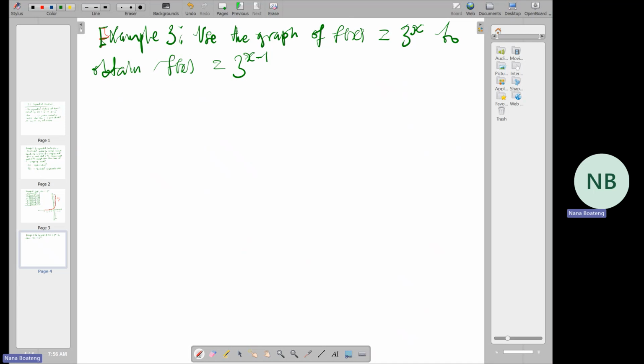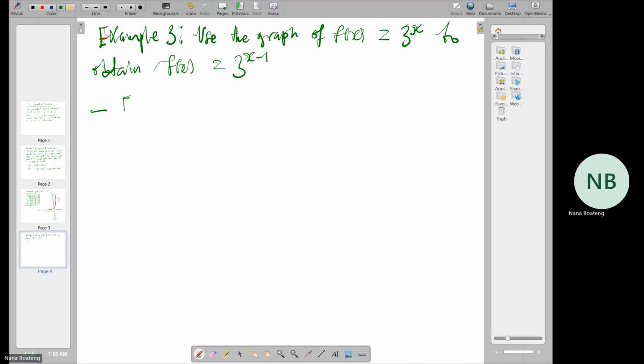All right. So we have to use the graph of 3 to the x to obtain the graph of 3 to the x minus 1. 3 to the x minus 1 is a shift to the right by 1 unit.